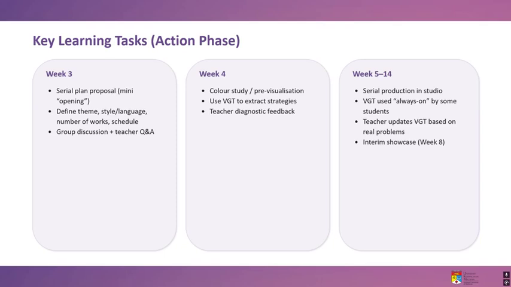For weeks 5 to 14, students moved into steady production. Many students kept VGT open while working, and I also wrote real classroom problems and solutions back into VGT so the whole class could use them.